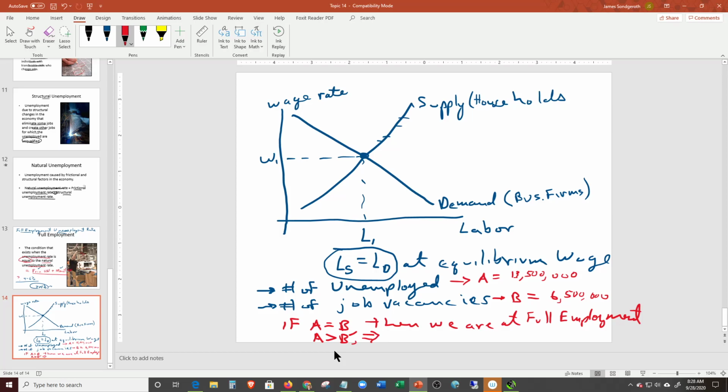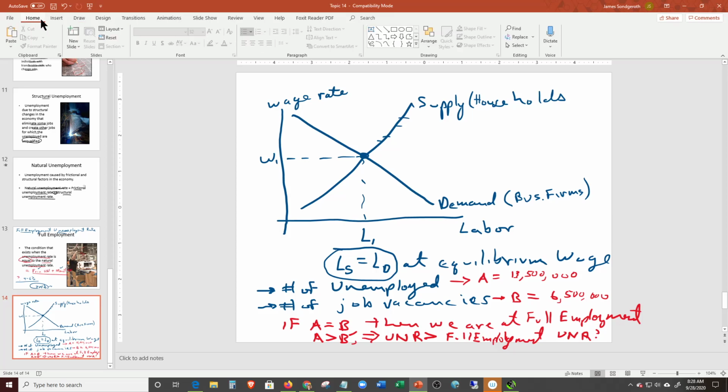Therefore, the unemployment rate is much greater than the full employment unemployment rate. All right. And we don't know what that is. Okay. So that would coincide with what we know is going on in the labor market right now.